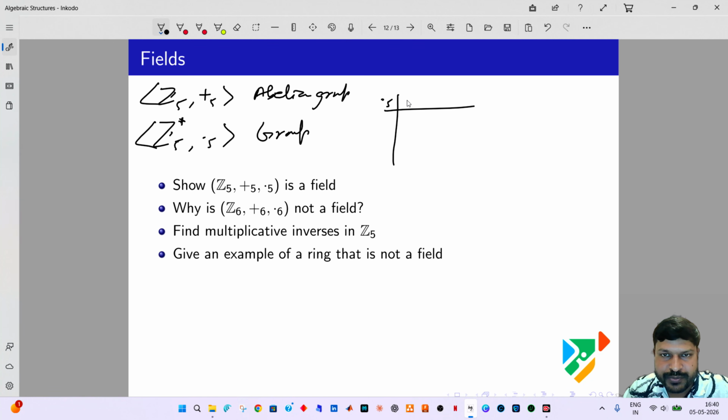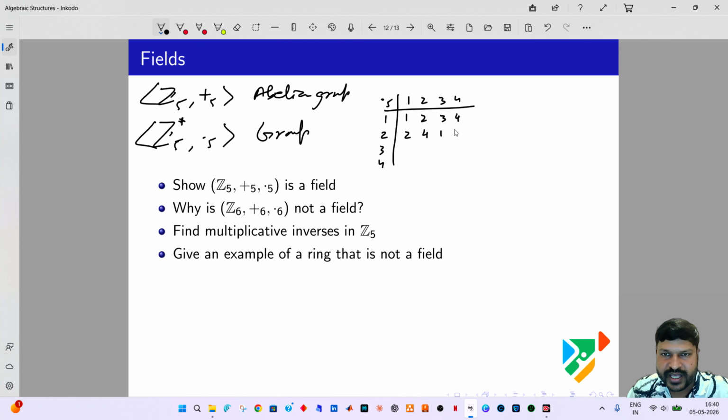So with respect to multiplication, you have 1, 2, 3, 4 and 1, 2, 3, 4. 1 into 1, 1; 1 into 2, 2; 1 into 3, 3; 1 into 4, 4. 2 into 1, 2; 2 into 2, 4; 2 into 3, 6. What is 6 modulo 5? 1. 2 into 4, 8.